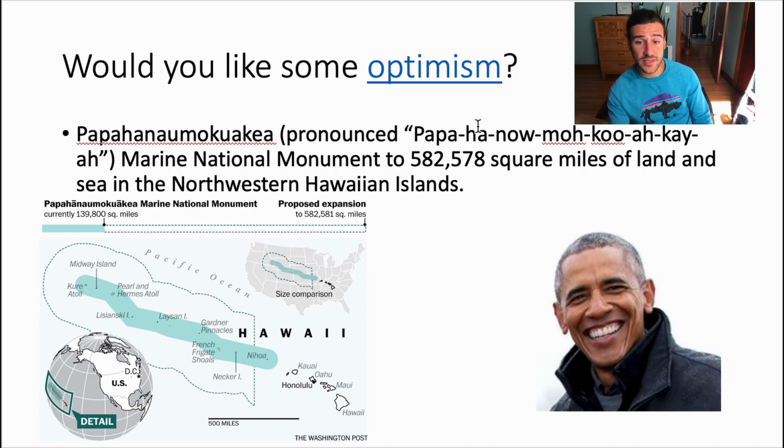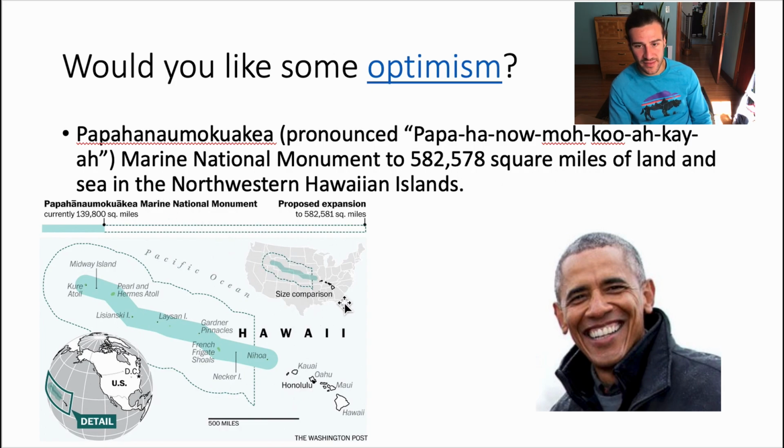Some optimism, however: I believe it was 2016, former President Obama set aside and increased the area of this national monument. Off the coast of Hawaii, there is this area that President Barack Obama set aside and actually made a national monument.